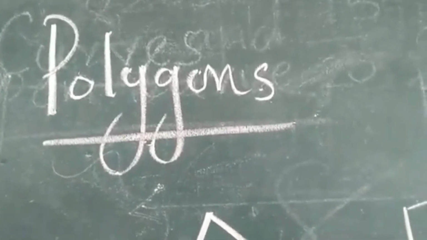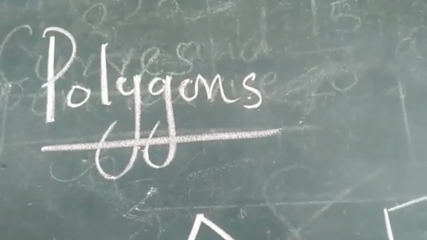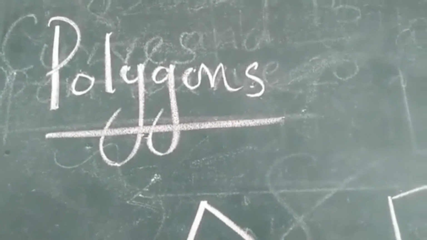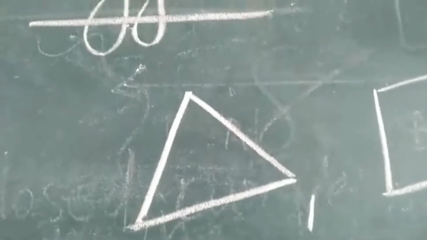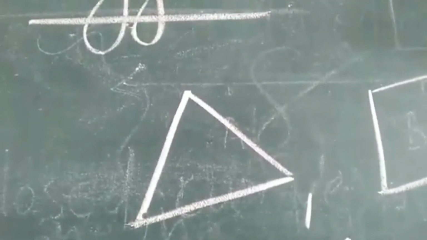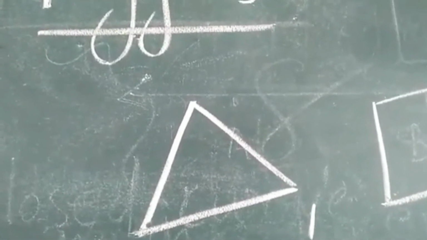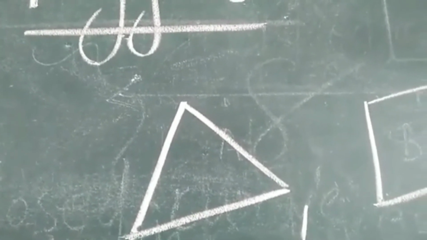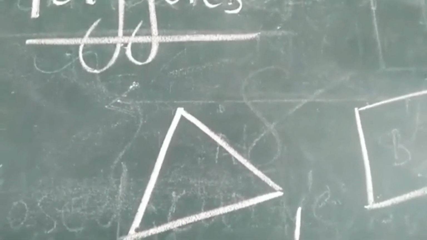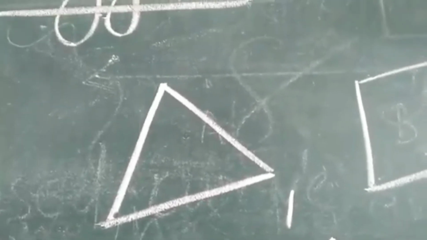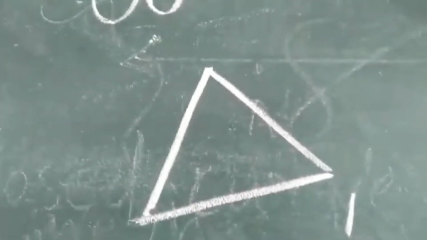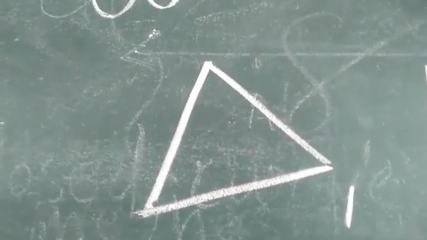The next one is polygons. Polygons are simple closed curves that are made up of straight lines or line segments. We found some curves that are not polygons, but simple closed curves made up of line segments are called polygons.